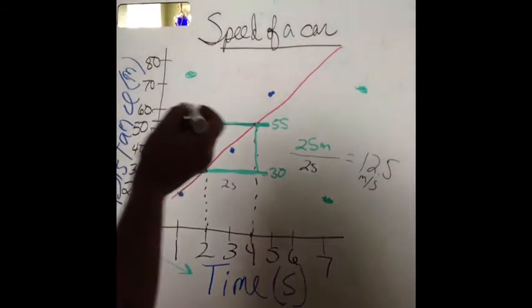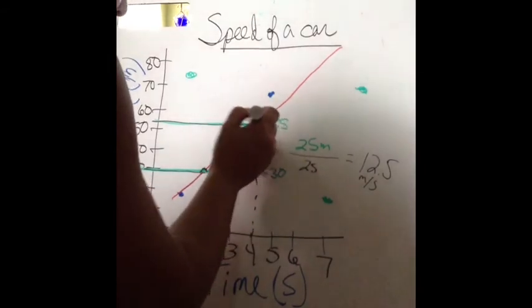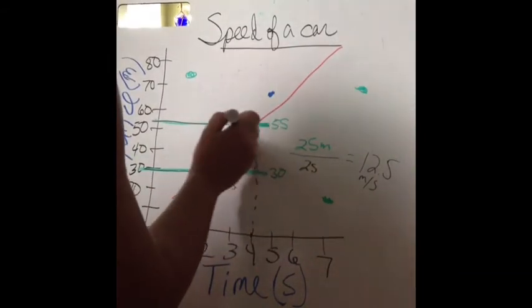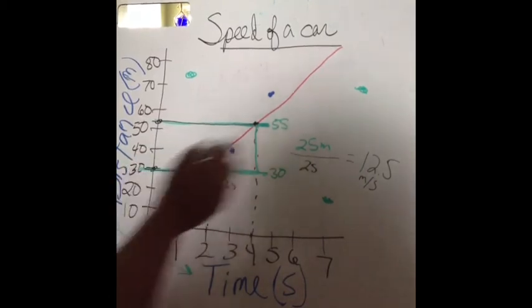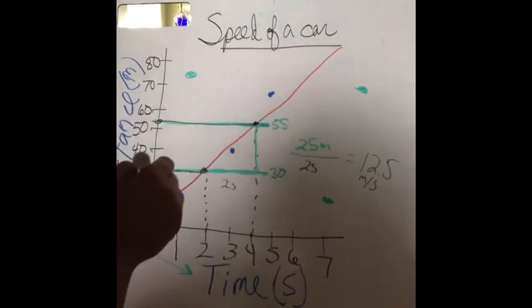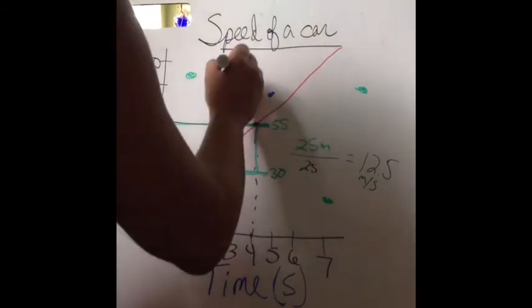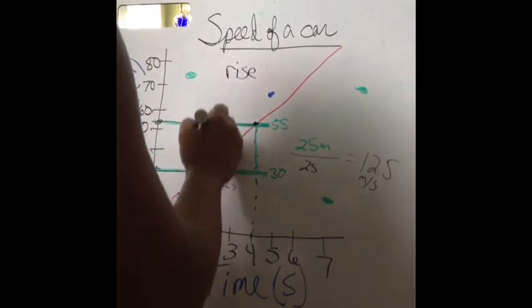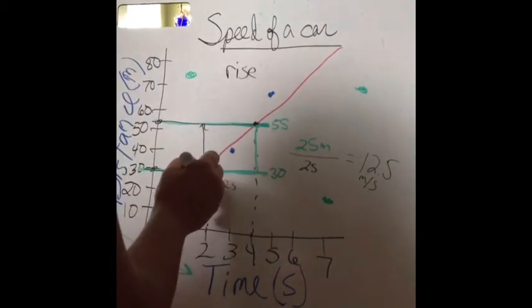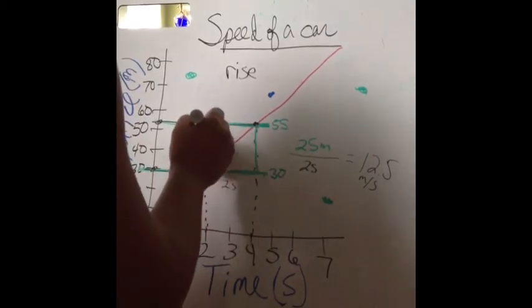Notice where I got these numbers. I just took 2 spots on the line. Came over here, that's that number. That's that number. Subtract it. Slope is rise over run. Rise, how much the line rises up. Goes from here to here, that's a rise.